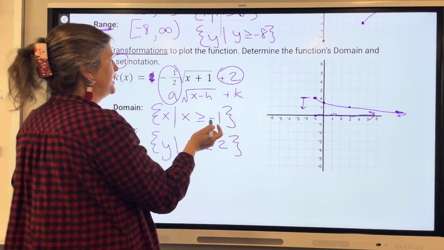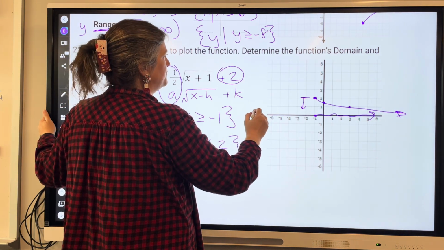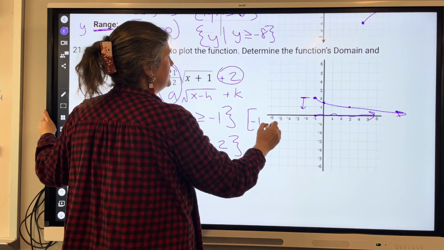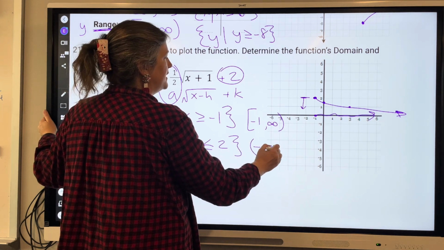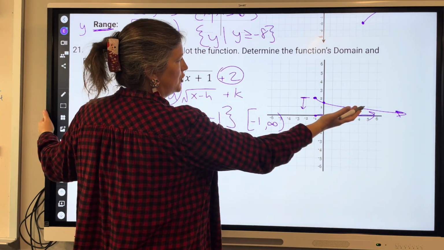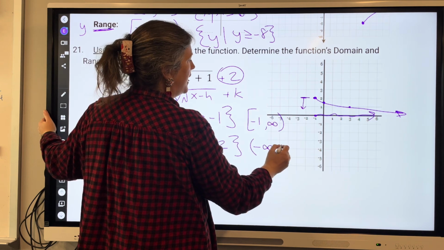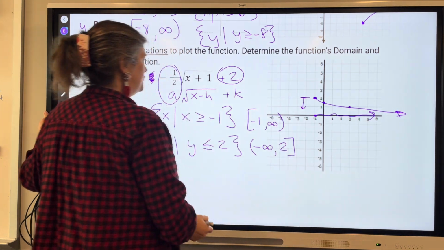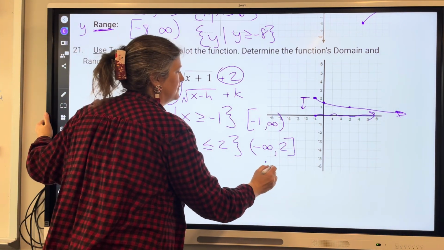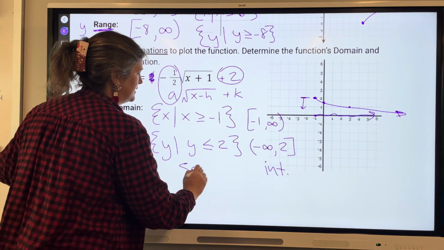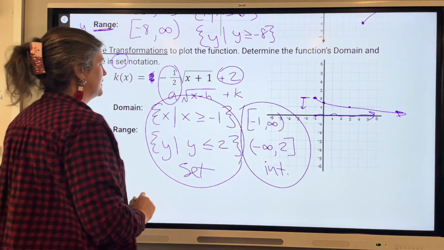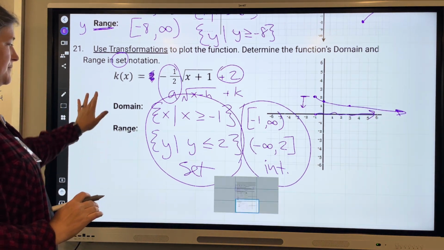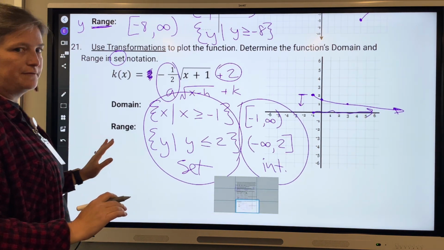Now in interval notation, this would be -1 to infinity, but this would be -infinity. I have to start at the lowest and go all the way to the highest of 2. So this is interval, this is set. Okay, domain, range. All right, that's pages 5 and 6.